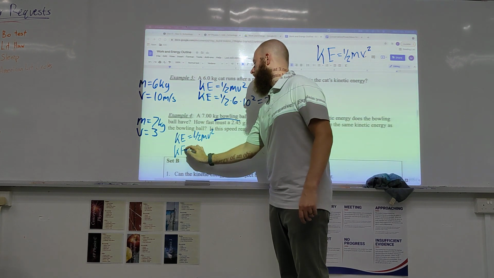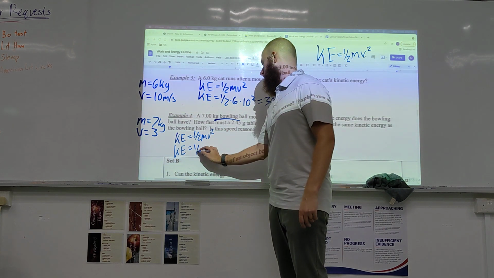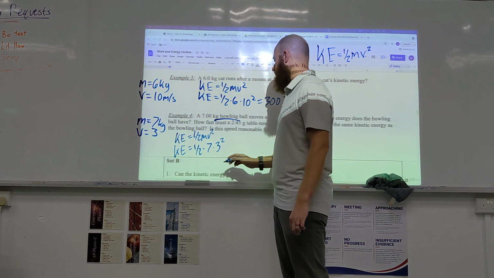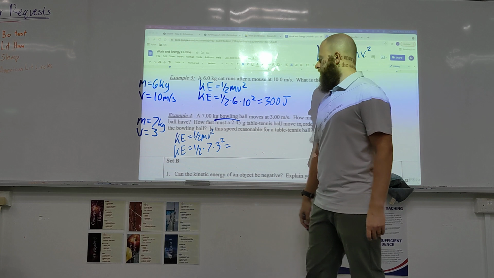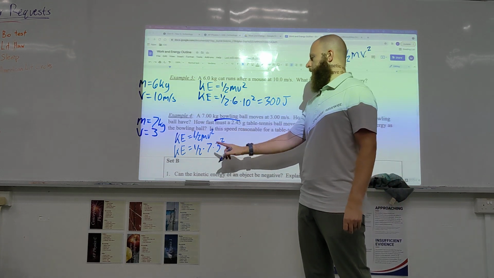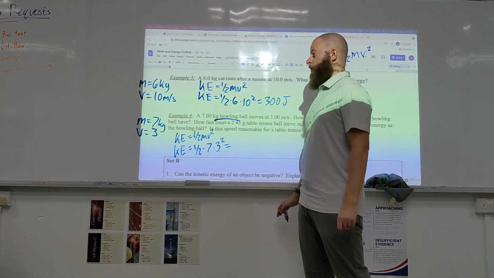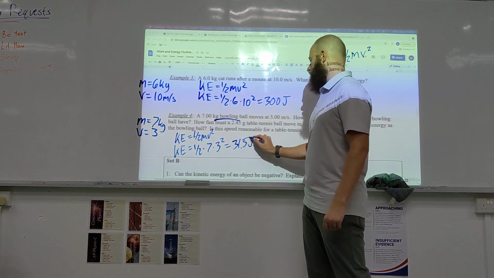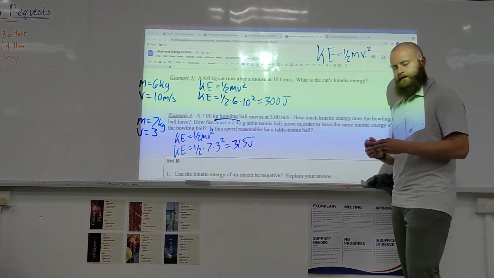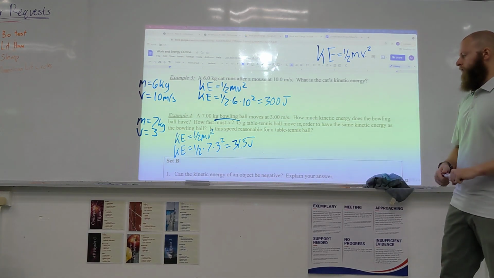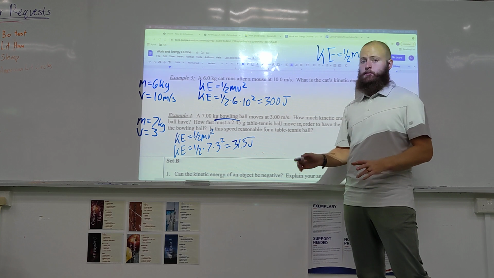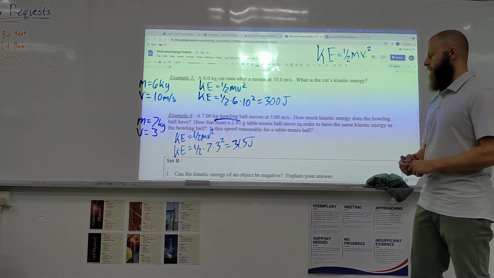So KE equals 1/2 times mass, which is 7, times 3 squared. So that will be 3.5 times 9. So it's 31.5 joules. Okay, if I got it wrong, I'm sorry. It would be a good idea to go ahead and check with your calculator just to make sure that I'm getting the correct answer here.